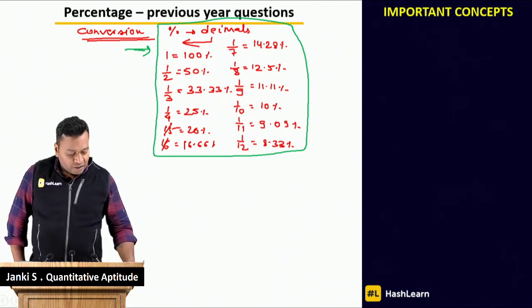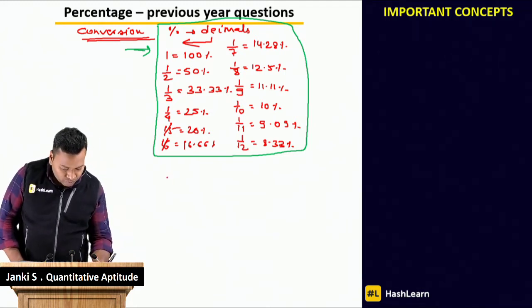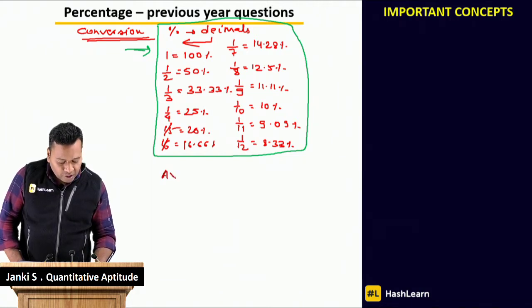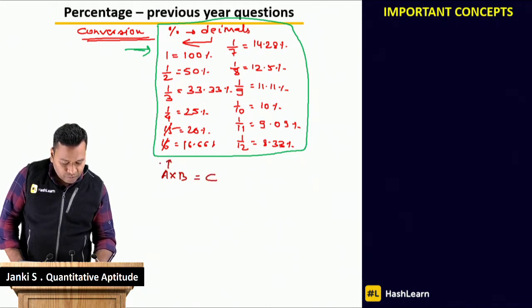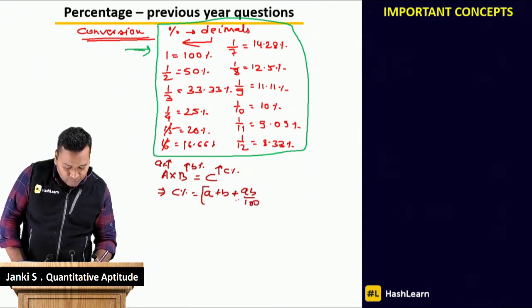That's the first thing. The second thing is two of the important formulas which you need to keep in mind. The first one is the successive change, right? So A into B is equal to C, and if I'm increasing this by A% and I'm increasing this by B%, and the overall change is suppose C%, my overall change C% will always be equal to A plus B plus AB by 100%.